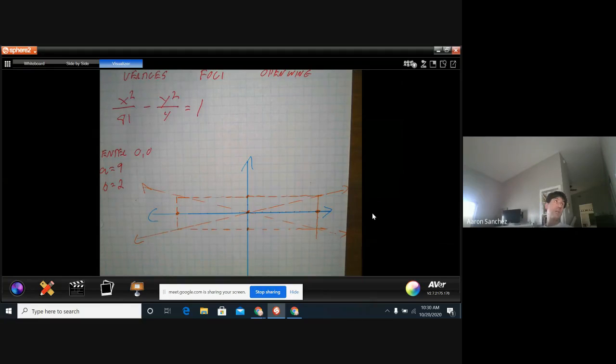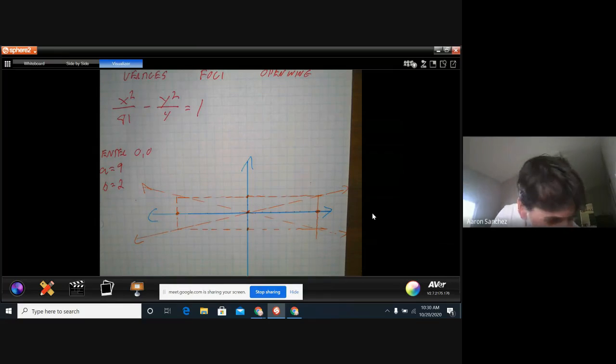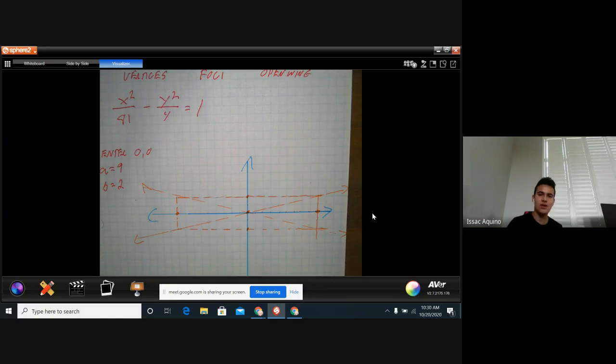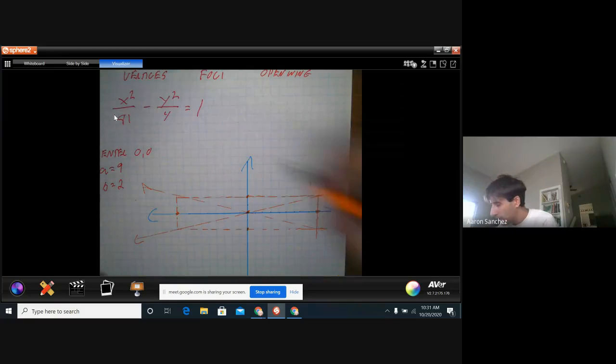Left to right. Very good, because the x is positive here. This is positive, so I go left and right.